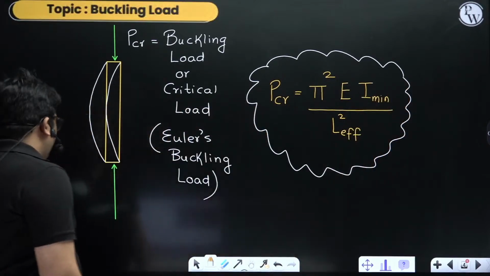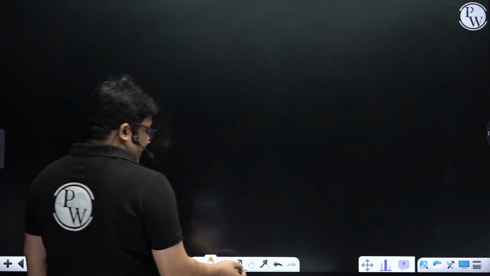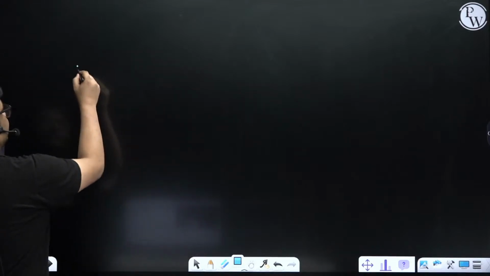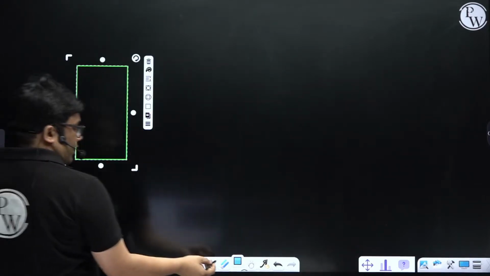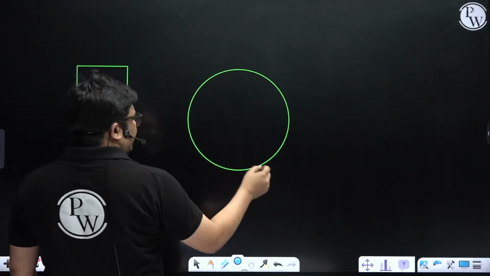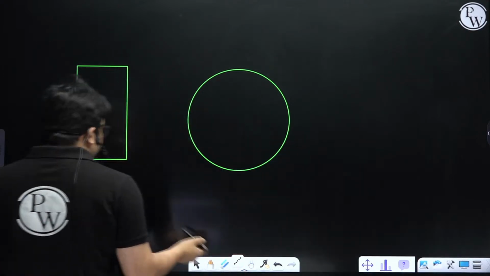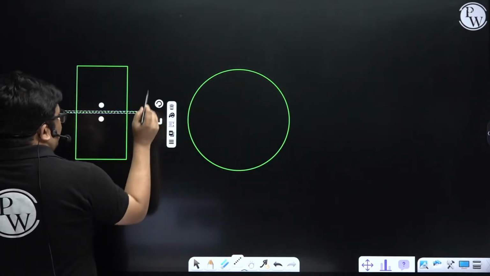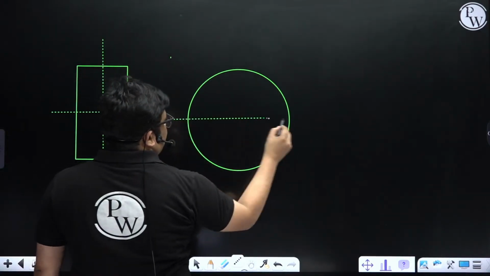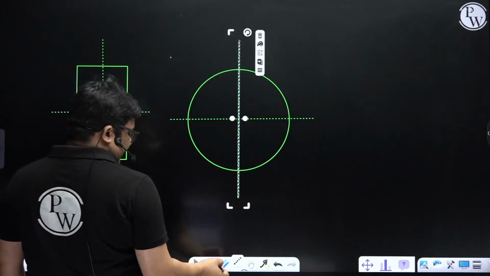Any cross section, let it be rectangular or circular, or any other like I section or T section, will have two axes. In a circle, the two axes are actually the same, but in a rectangle they are different.